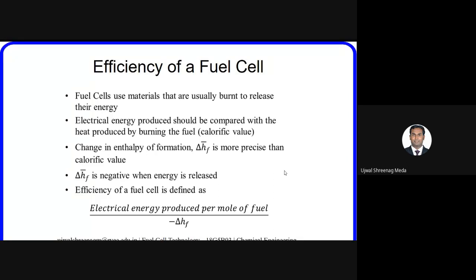So we have to start with the chemical energy. So what are the reactants and what is the reaction that is taking place? The hydrogen, that is fuel, and oxygen, that is oxidant, reacts to form water. This is the overall reaction based on the reactions that take place at anode and cathode.